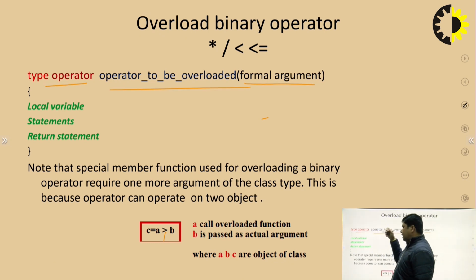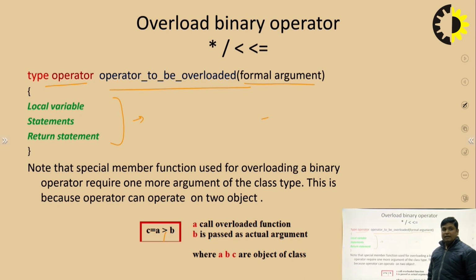किस क्लास में हमारा ऑपरेटर डिफाइन है, and this is the code, this piece of code will be executed when we call the operator. Note that a special member function used for overloading a binary operator requires one more argument of the class type.